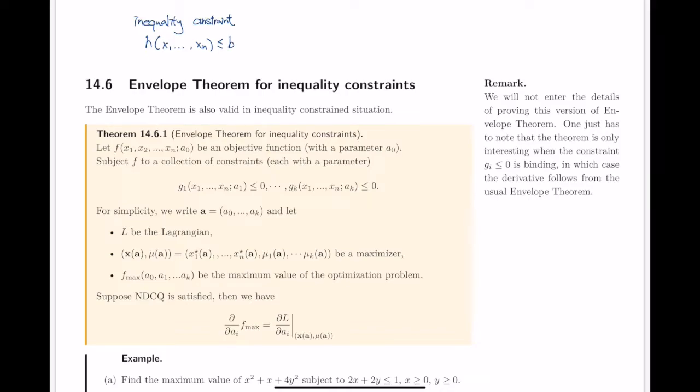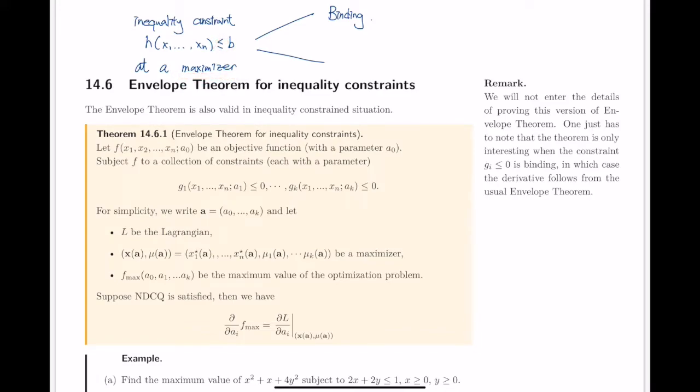Then at a maximizer, there are two situations, right? Either the inequality constraint is binding. If it's binding, what does it mean? That means that the maximizer will give you equality.